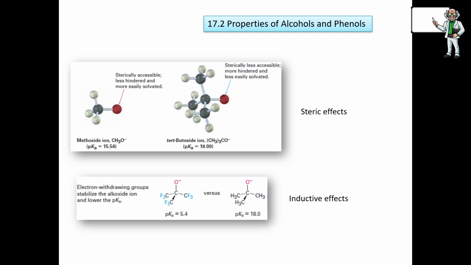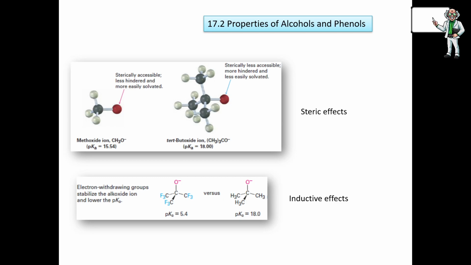What could be a very big difference is when we are using electron-withdrawing atoms in the carbon chain of the alcohol. Here you have an example. We have here a carbon that is surrounded by 3 trifluoromethyl groups, okay, versus the tert-butanol or tert-butoxide without fluorines. Okay.